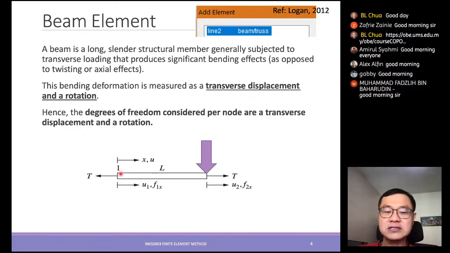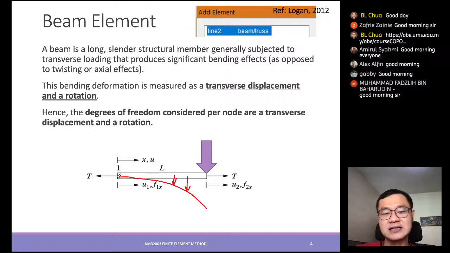So the bending deformations, since we apply a vertical force over here or maybe at the middle, this beam will be subjected to a bend, we call it bending displacement. So if this is the case, then as you would expect, it will bend in this way, right? So this bending itself is subjected to a transverse displacement. You have a displacement in the vertical direction as well as a rotation.